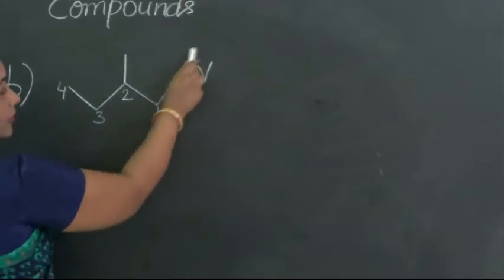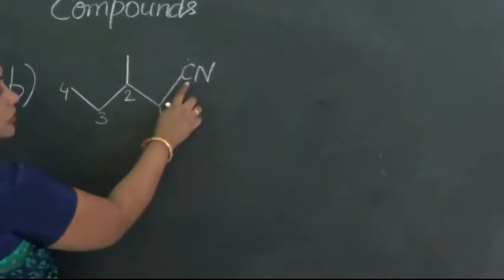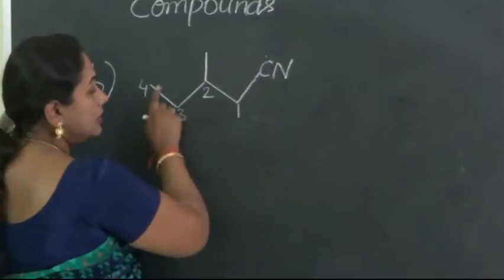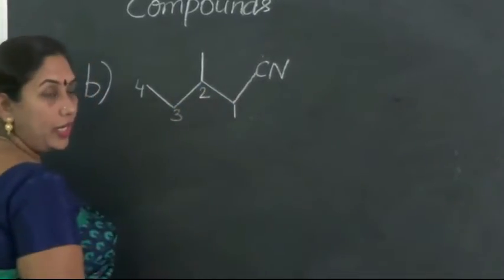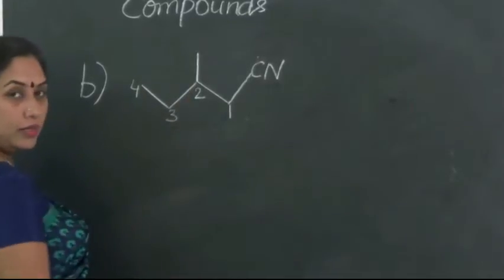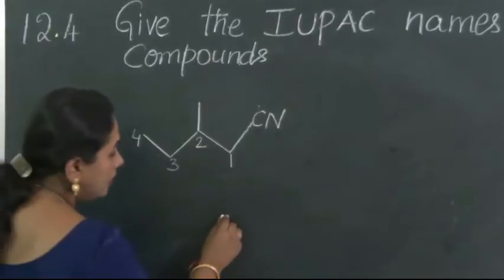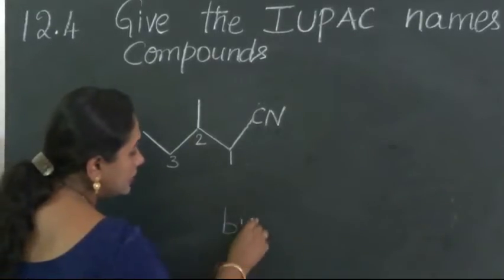This carbon atom of the cyano will be taken as the suffix-less substituent and we will be naming it as cyano. So when we name it as cyano, there is no need for us to count this carbon as the carbon belonging to the parent chain. So therefore we have only 4 carbon atoms here, and because there are 4 carbon atoms here, the root word to be fixed is but.